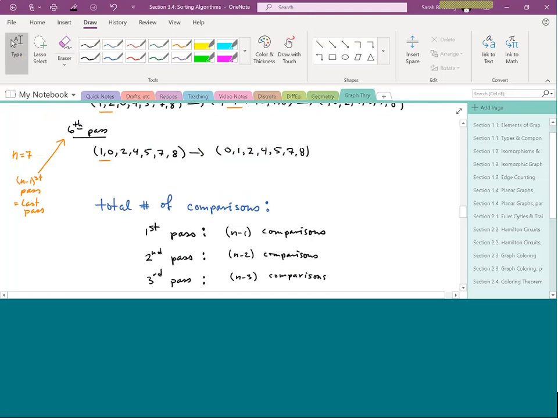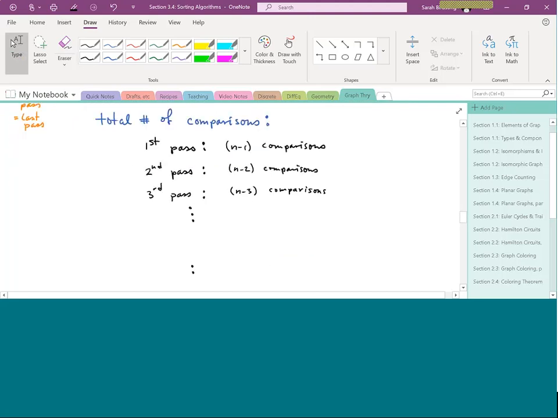The very last pass was going to be the n minus first pass. So if we're looking at the n minus first pass through the sequence, using the same analogy, we would have n minus n minus 1 comparisons. How many comparisons is that really? Yep, so that's really just one comparison.